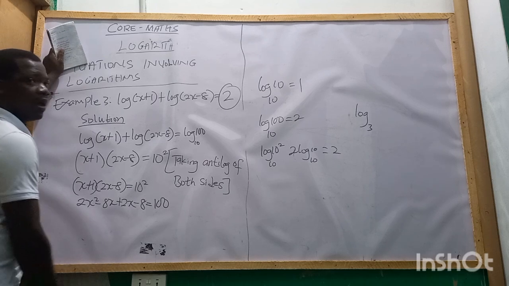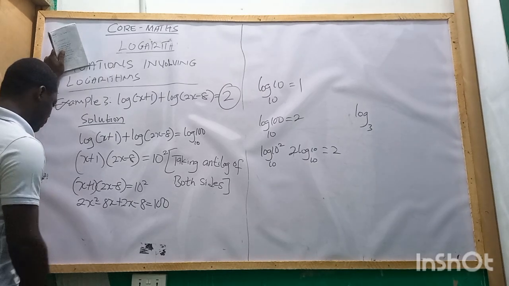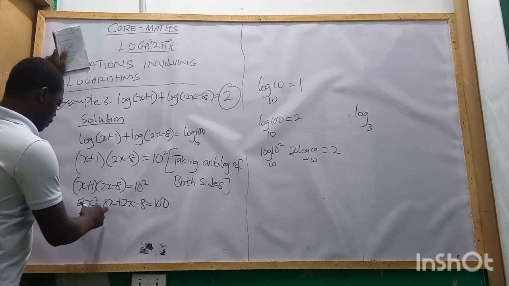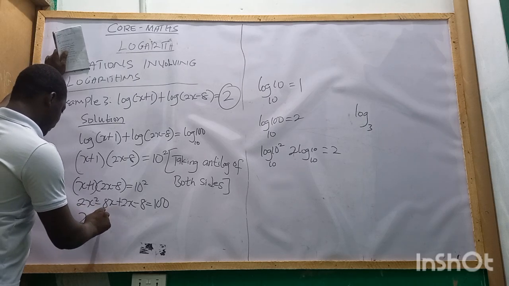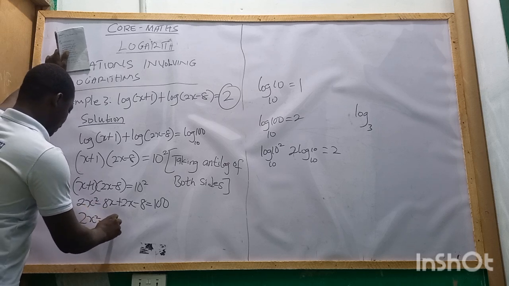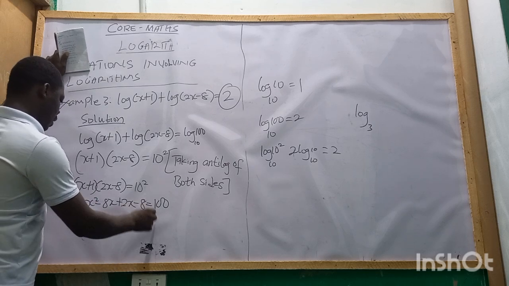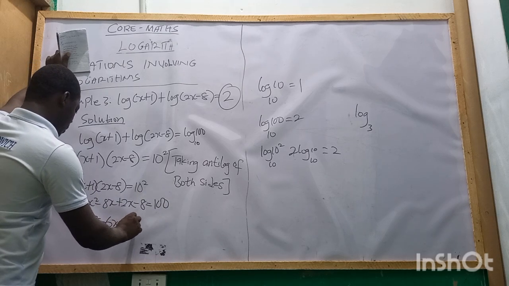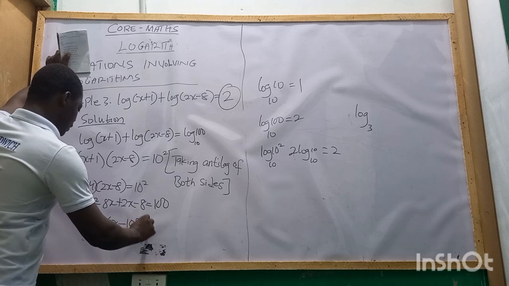Okay, so now I'll group like terms and continue. So this 2x squared, this one I'll get positive, sorry, still negative 6x. I'll move this one here, which will be negative 108 equal to what? 0.